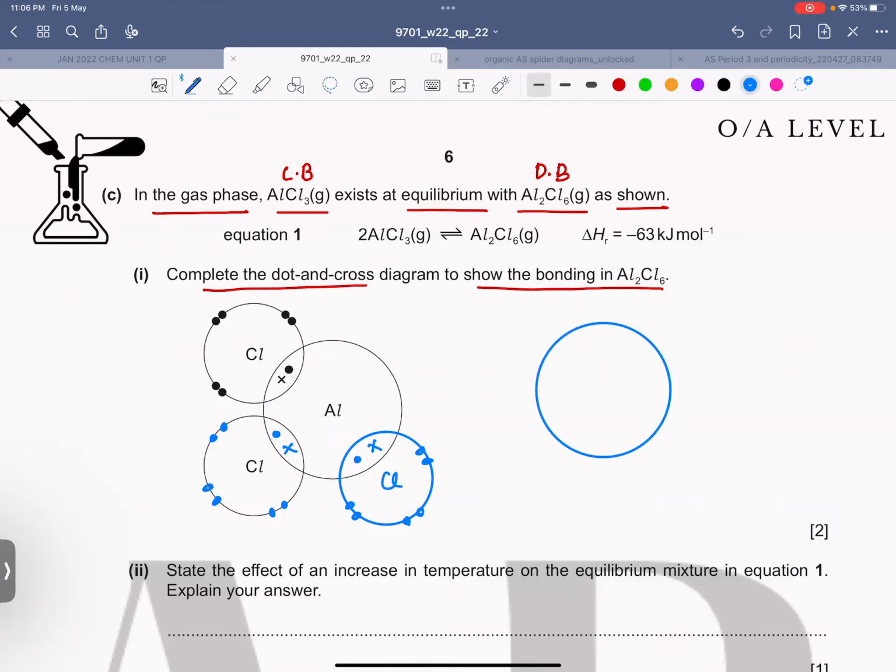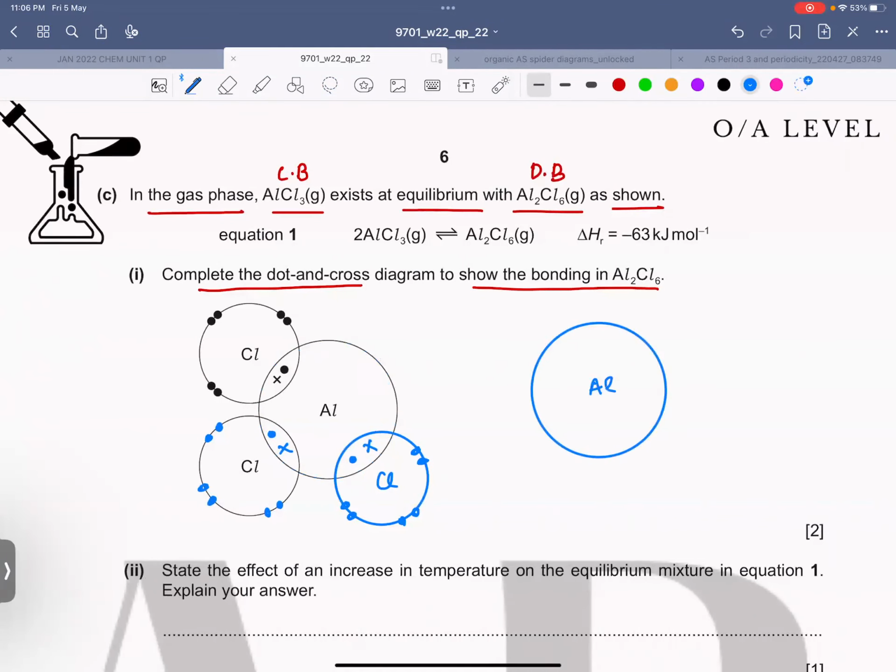Here I have another aluminum chloride molecule. First I am making them separately to make you understand what will happen. There is a chlorine sharing its one electron with the aluminium, and the rest of the 3 lone pairs are over here.